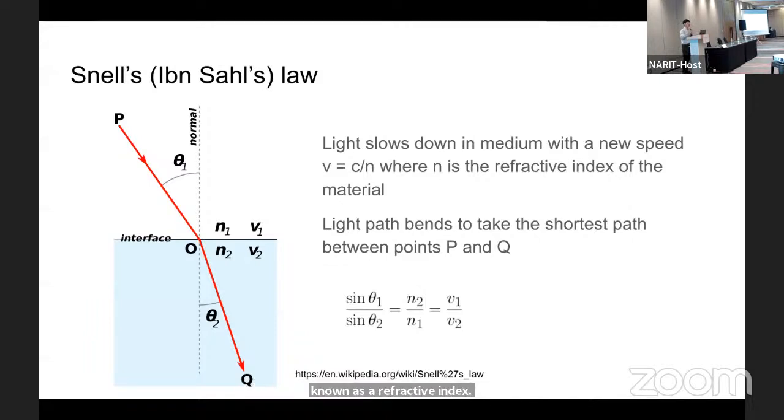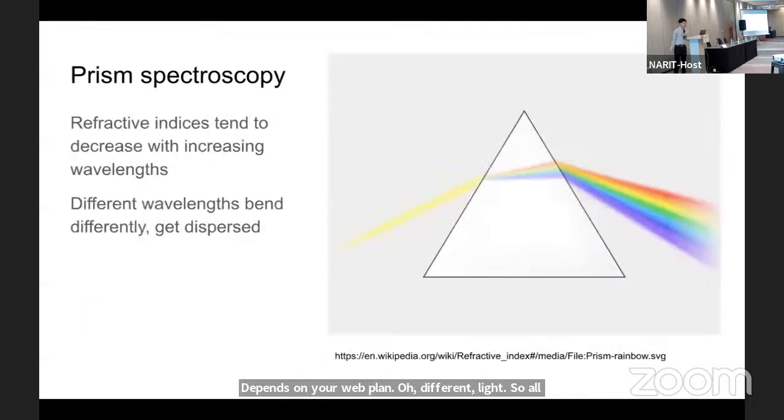So all the white light coming in at the same angle, like this, when it encounters a surface, will split out. And this is the basis for prism spectroscopy, which is what Newton used, and probably the most famous way of doing spectroscopy. Different wavelengths bend differently and get dispersed.